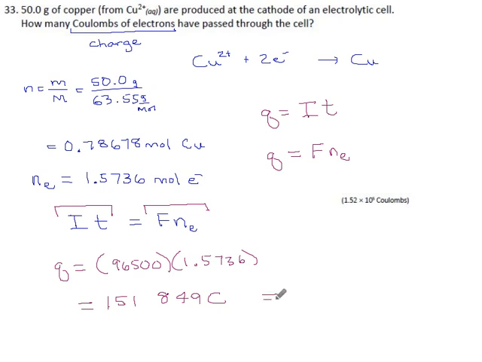In scientific notation, this would be 1.52 because I'm only keeping 3 digits, and then I look at this 8. This is 5 or more, so I round up. I can say 1.52 times 10 to the 5 coulombs.